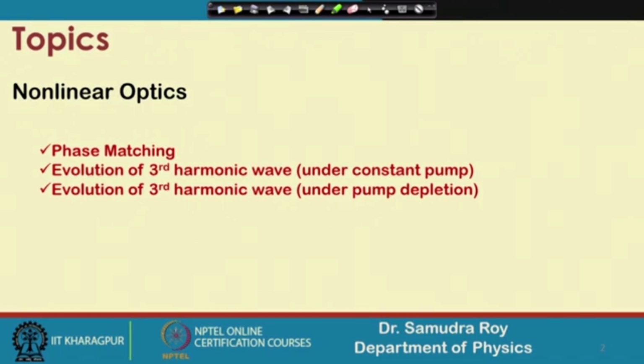Here we are going to get a frequency of 3 omega instead of 2 omega, because it is a third order effect. How we get this 3 omega frequency we have discussed, but the evolution of the third harmonic wave is still left. So, today we are going to learn that, and also the corresponding phase matching conditions.